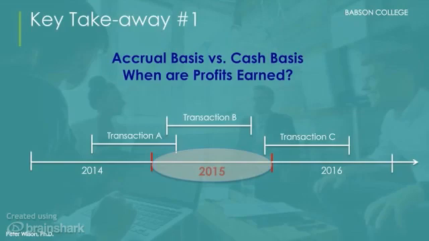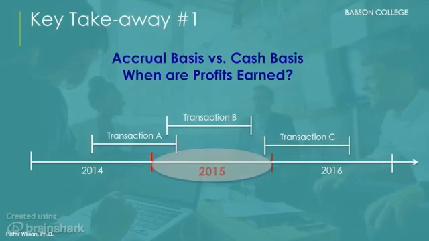So this is going to require all kinds of judgments and estimates on the part of management to figure out exactly how to define the revenues and expenses that should be allocated to just 2015. And because we do so much business on credit, we extend our customers credit, our suppliers extend us credit, it turns out that the actual transfer of cash isn't really the key indicator of the underlying activity.